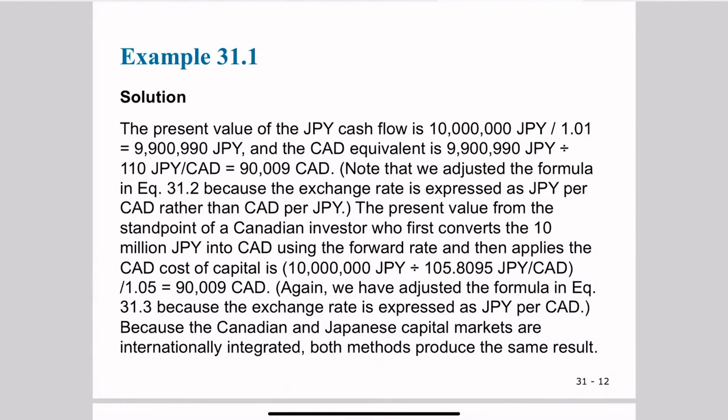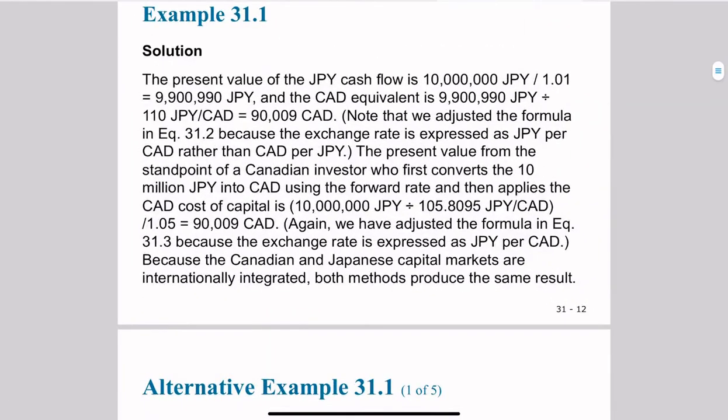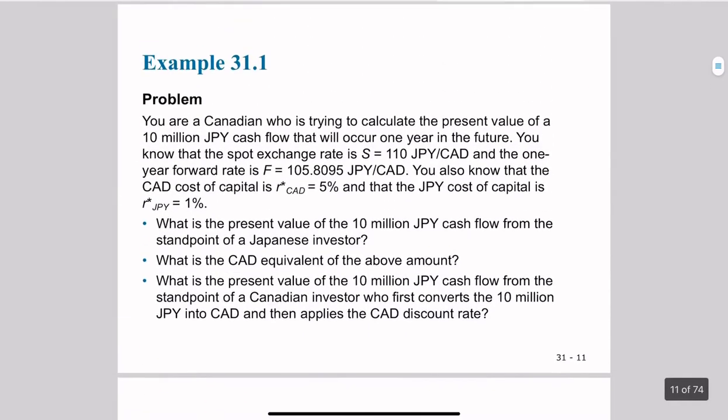The present value of Japanese yen, JPY, so the present value of the Japanese yen cash flow is 10 million JPY. Oh, oops, sorry. This is the answer. So let me read the problem first.